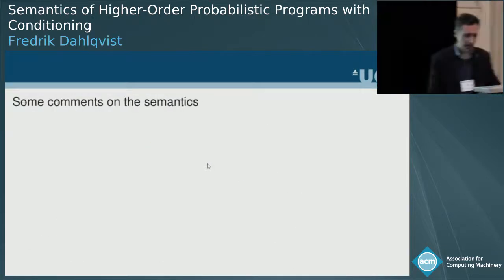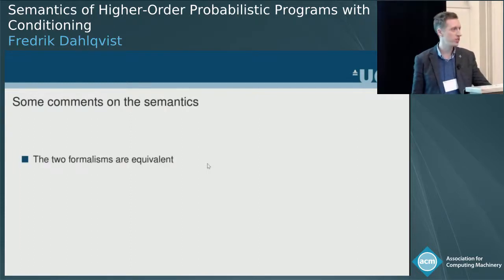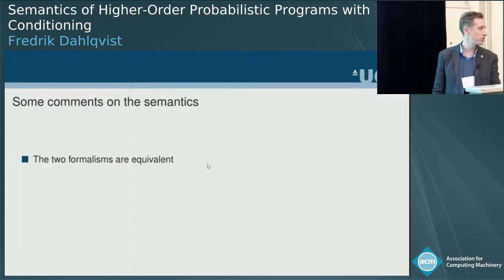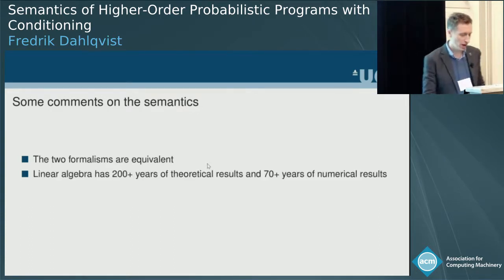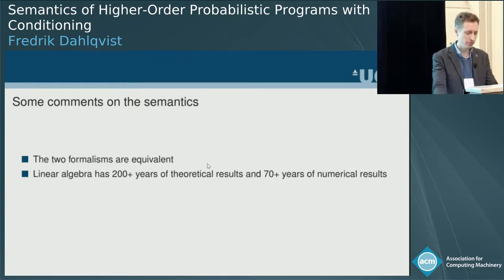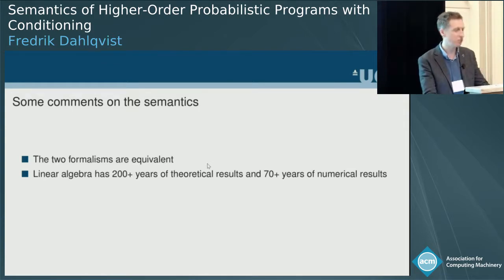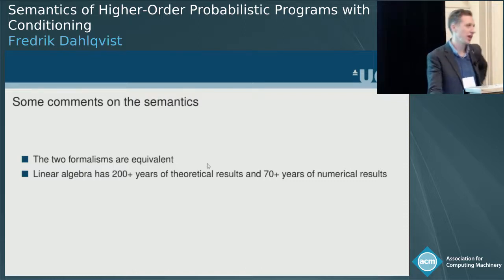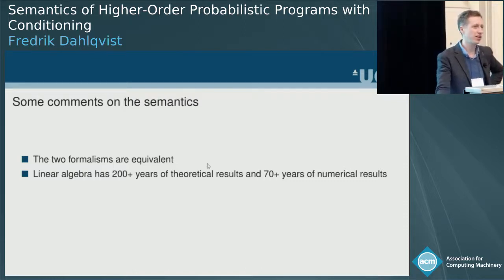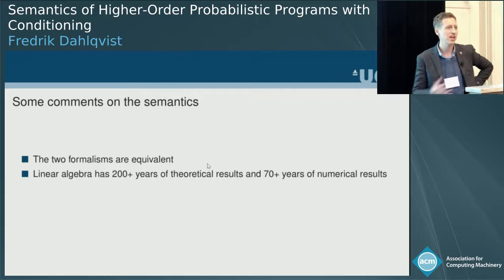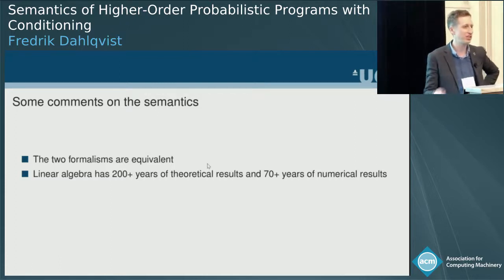Okay, and these two formalisms are completely equivalent, because if you know what one is doing, you can work out the other and vice versa. But from my perspective, at least, I like the fact that linear algebra has 200 years of history, and geniuses like Gauss and people like that churning out loads of really cool, deep, interesting results that I'm not going to work out for myself in my lifetime.